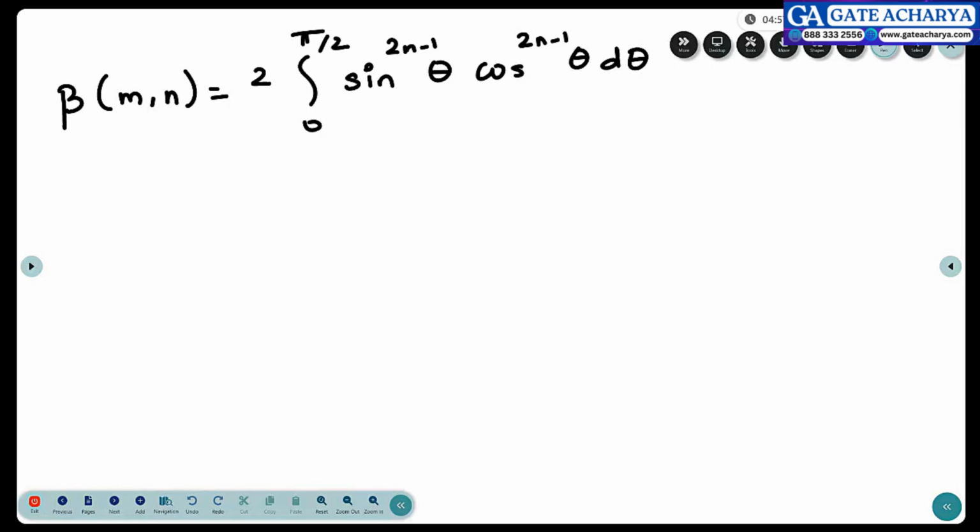Sine raised to the power of 2m minus 1 and cos to the power of 2n minus 1. Even if we interchange it, this does not make a difference. If 2m minus 1 goes on the cos, interchanging it does not make a difference because beta of m comma n is n comma m. So replacing does not change the value. So understood the idea? This is what beta function is.